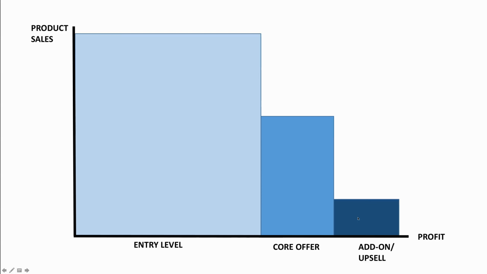And then the final thing might be add-ons, some special glazes or whatever. The final thing is the add-on or upsell. This typically has the lowest volume of sales, but the highest profit margin. In the digital marketer world, that's called your profit maximizer. It's also called an upsell or an add-on to the core offer.